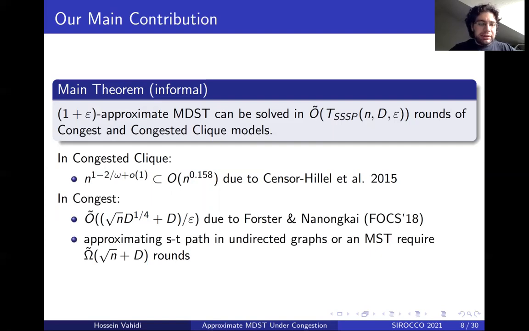And that's mainly because it's still an open problem whether one can do better regarding approximating single source shortest path. It's known that even approximating s-t paths in undirected graphs or approximating MST requires soft omega of square root n plus d rounds. So there's a small gap there.